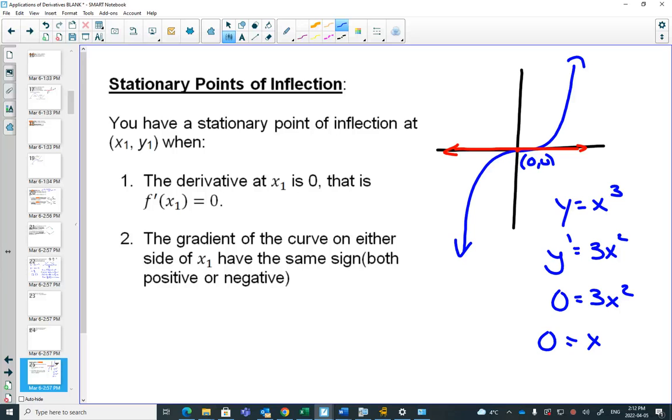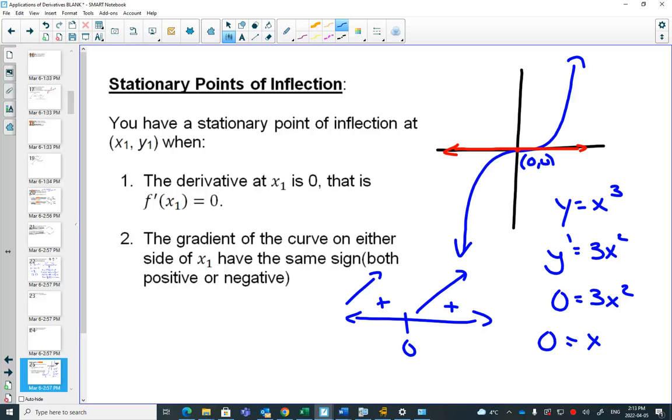But if we did our number line with 0 on x cubed, the derivative is 3x squared. Can you see that if you plug in a negative number or a positive number, when it gets squared, it's going to be positive. This section is positive. This section is positive. Your x cubed graph, which you know is always increasing.